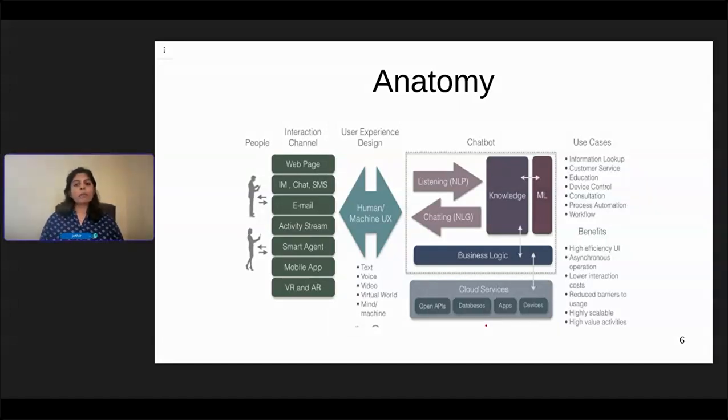This anatomy will help you understand how different technologies come together to make this work. Generative AI is evolving, but all the underlying services are already there, and all of those have to collaborate to give you this efficient output.